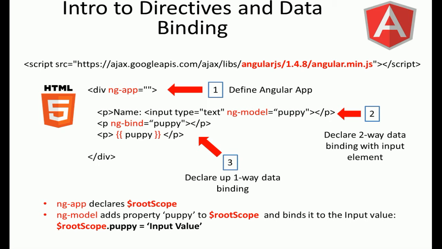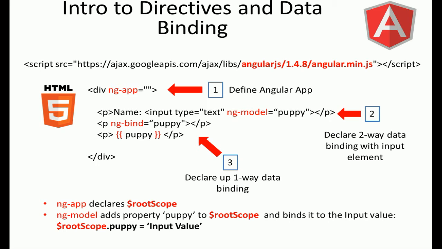These HTML elements possess an input value that changes depending what the user enters into the text field in the UI. ng-model sets up a link between the scope property that is passed in as the ng-model attribute value, which in this case is puppy, and the HTML input element value, which is whatever the user enters in the UI.